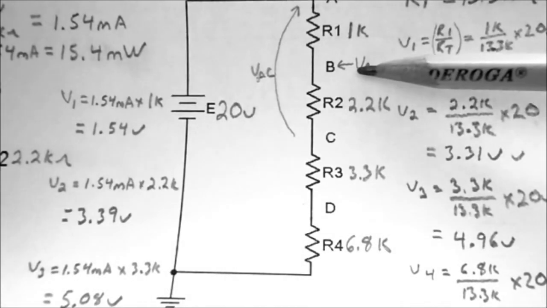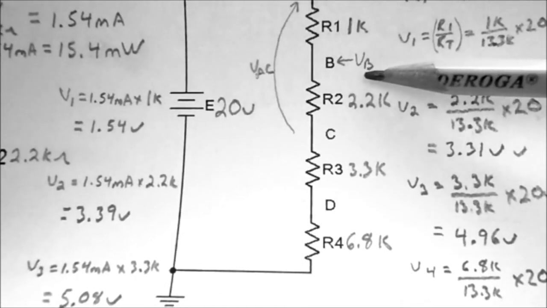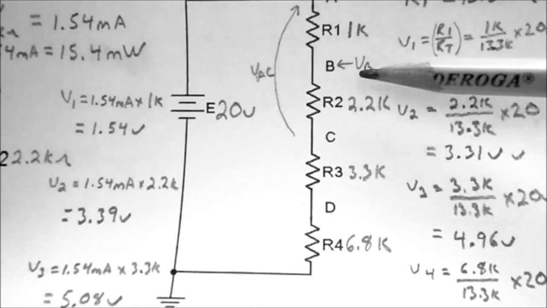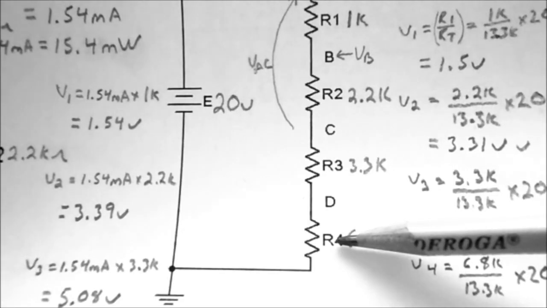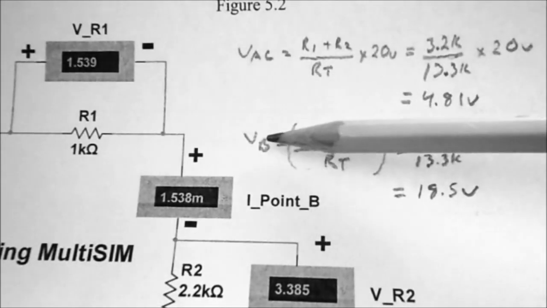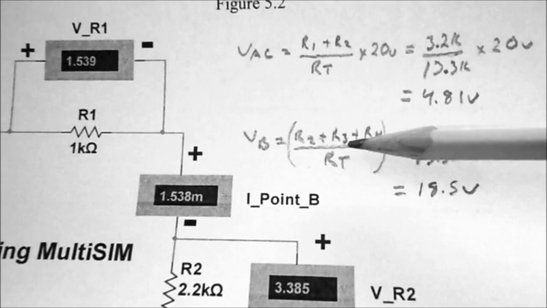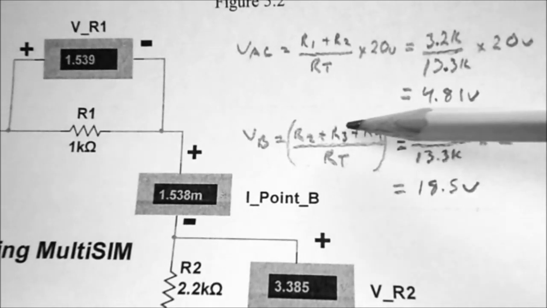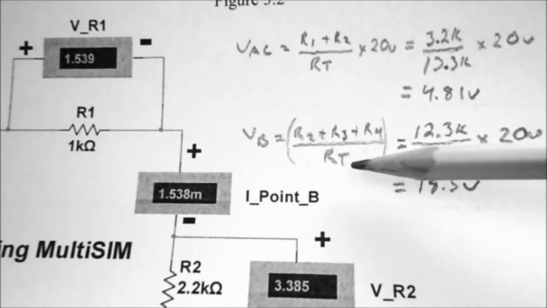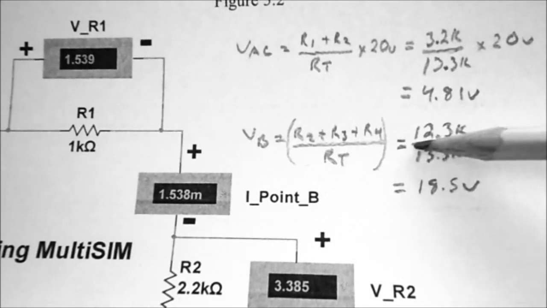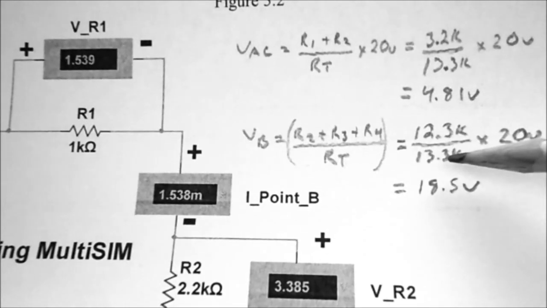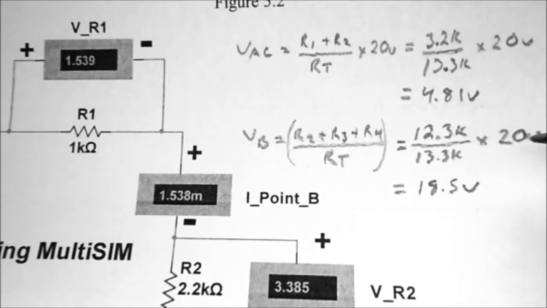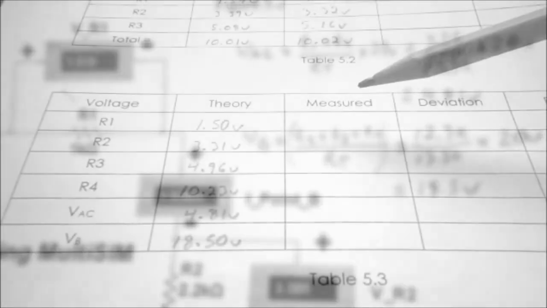So the voltage at point B, or VB, is going to be equal to the ratio of R2 plus R3 plus R4 over the total resistance. So my voltage VB is going to be equal to the ratio of R2 plus R3 plus R4 over RT. So my calculation becomes 12.3K ohms divided by 13.3K ohms times the 20 volts. That'll equal 18.5 volts.